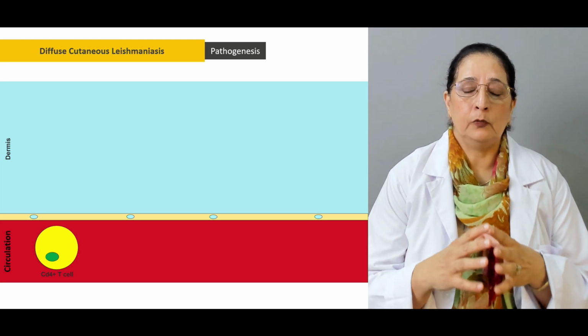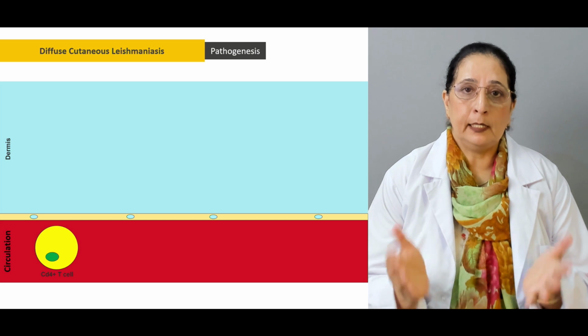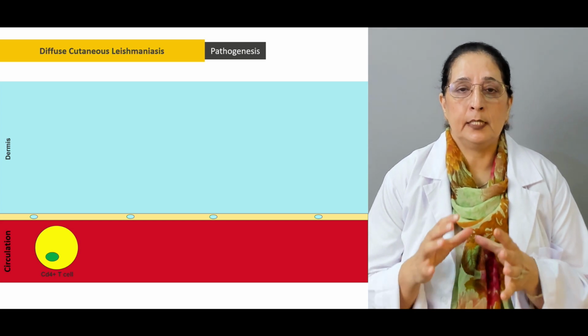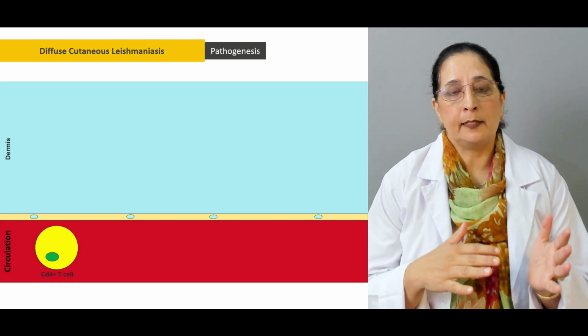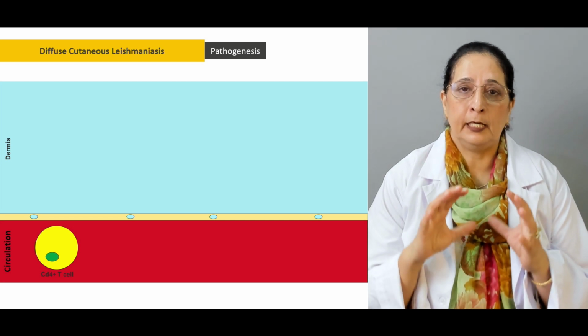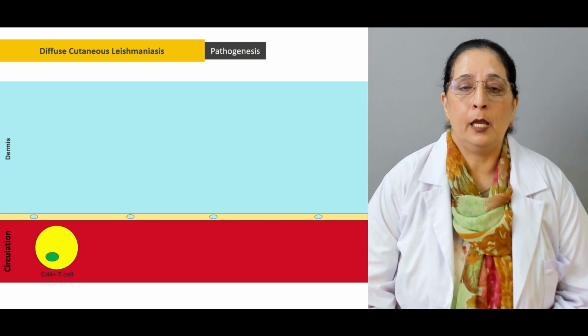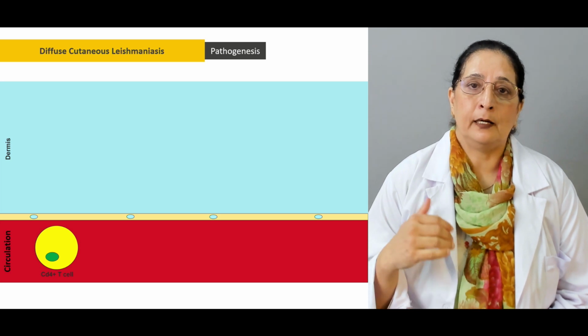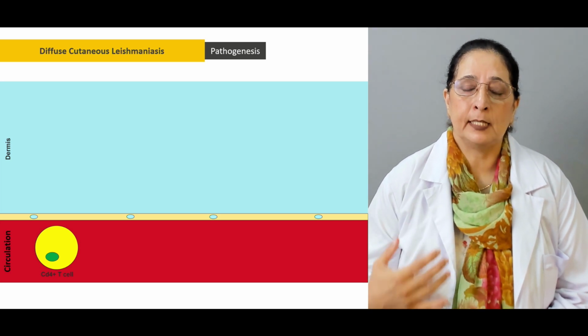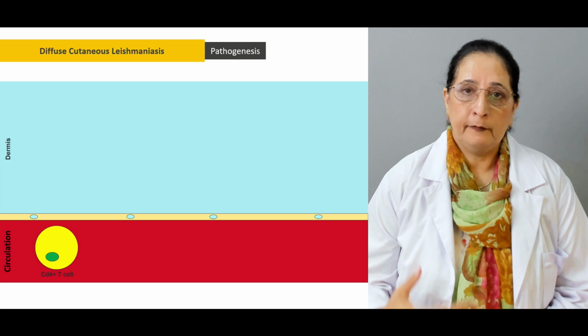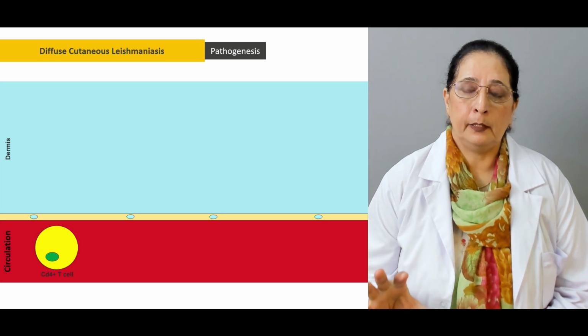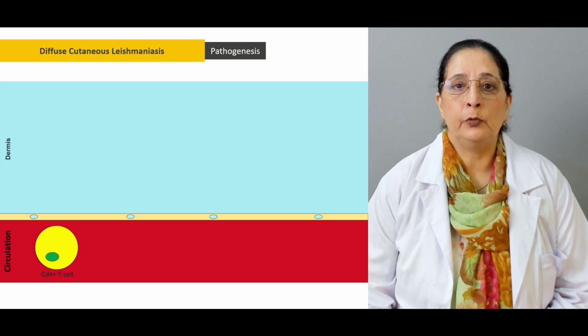As we know, the cycle of leishmaniasis is between the human and the sandfly, and it injects the promastigotes that affect the neutrophils and the macrophages, the reticuloendothelial system.